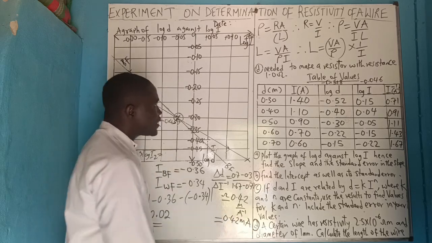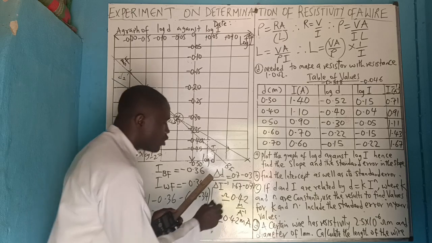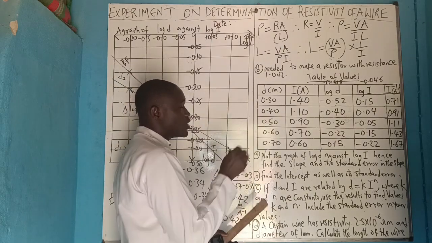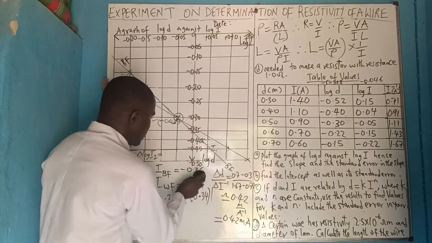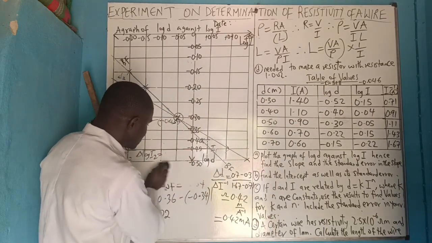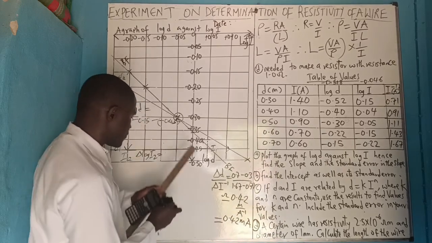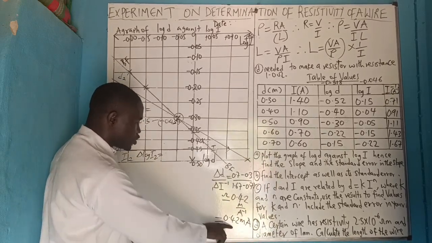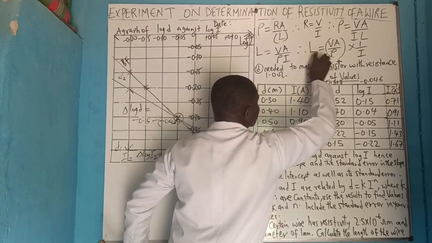Now, after you have noted this, how can you deduce your resistivity from this slope you got from D against I inverse? Let's see how you can deduce your resistivity from it. Remember, I say equate it to what? Equate your slope, graph of this against this, right?